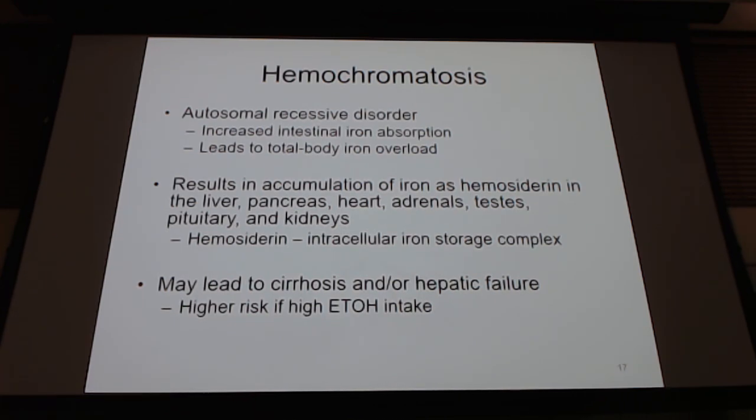It accumulates iron in its own form, and it's stored in the liver, pancreas, heart, just all over in a lot of the major organs. That's just that intracellular iron storage complex that collects all that iron. Unfortunately, yes, it can lead to cirrhosis and or hepatic failure. If they're a drinker, they're just making it even worse.